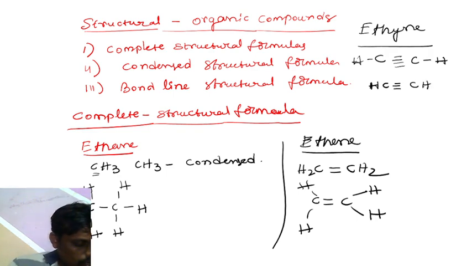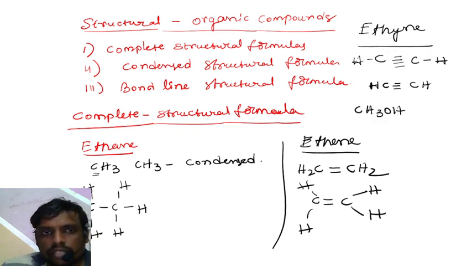Now finally methanol, CH3OH. You have to know the condensed formula so that we can make a complete structure of that specific compound. Now for carbon, how many hydrogens are there? 3 hydrogens.